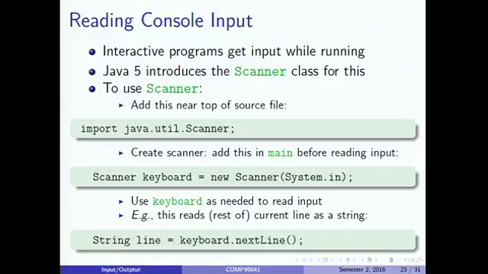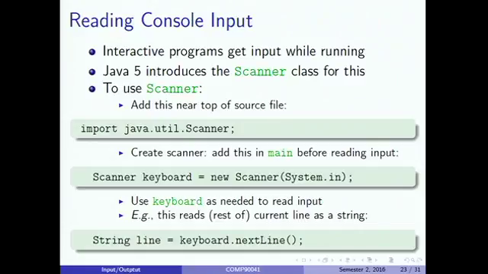And then you do this. Somewhere in your main, near the top, you say Scanner keyboard equals new Scanner(System.in). So remember, System.out is what we're printing out to. System.in refers to your keyboard. And when you create a Scanner and pass your keyboard input stream, it creates this scanner for you.